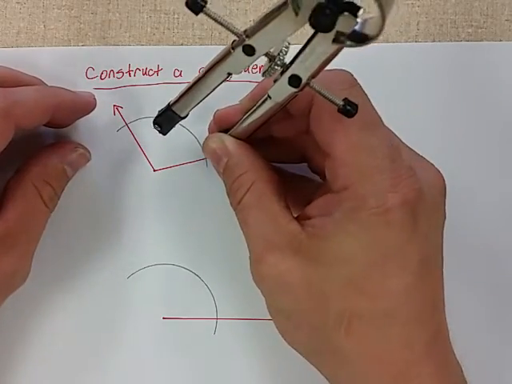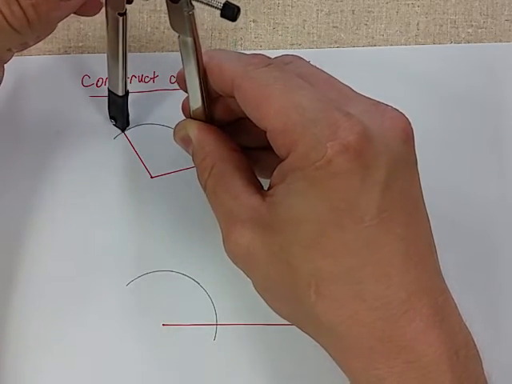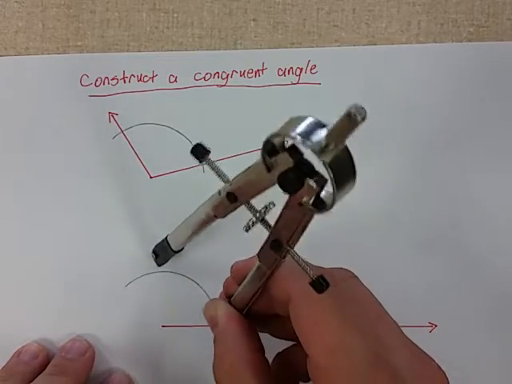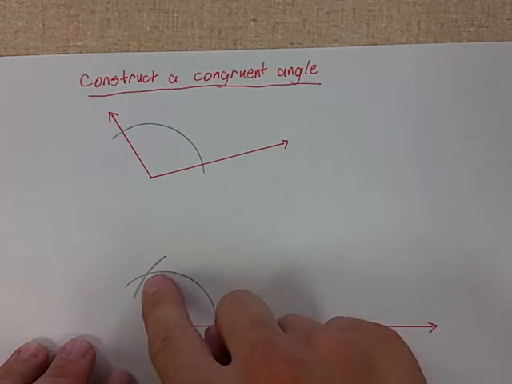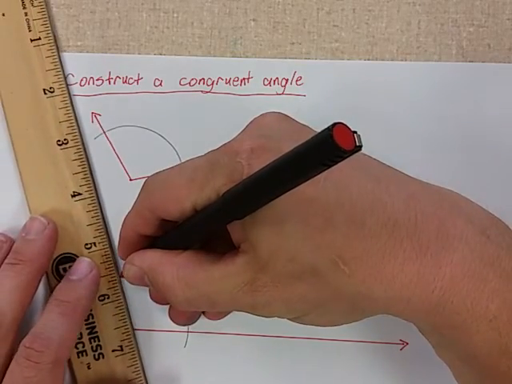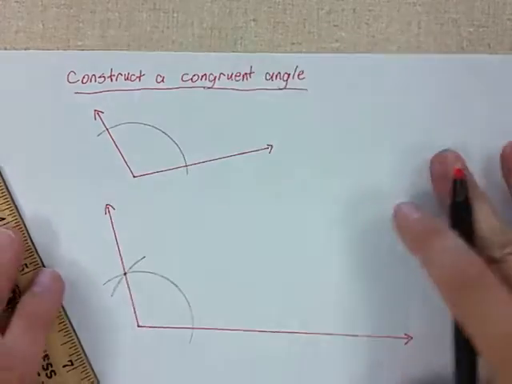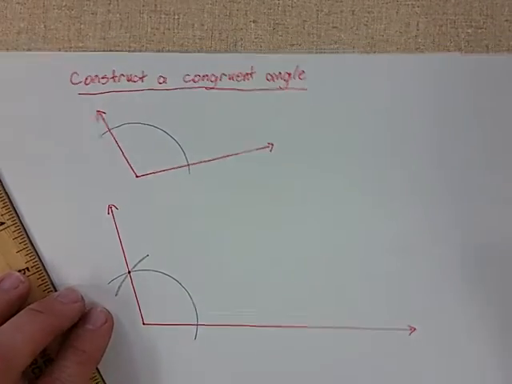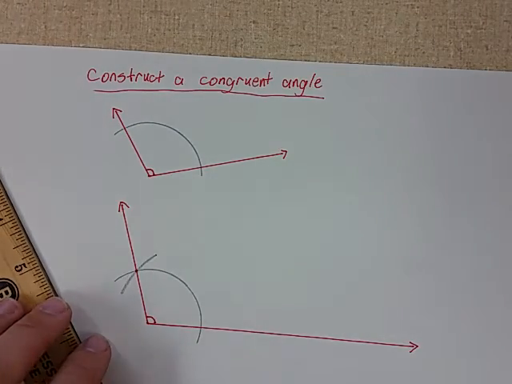It's going to be similar to the last construction I just did. So I'm going to set it to the width of the angle from endpoint to endpoint. Pick it up, bring it down to where it's going to now go. Make an arc. That point right there shows me where my second ray needs to go, and I'll be done. Now you can see I've used 1, 2, 3 circles on this construction, and I am done. These two angles are congruent.